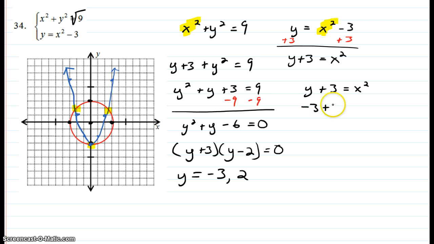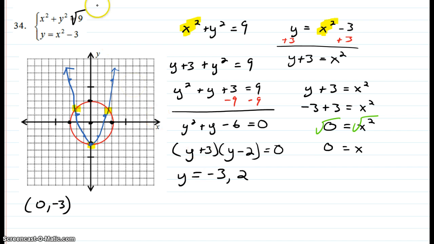Negative 3 plus 3 equals x squared. So we get 0 equals x squared. And so now we take the square root. And so that gives us 0 equals x. And there's no plus or minus 0. So I have one solution at, now we had the y first, so it's going to be 0, negative 3.